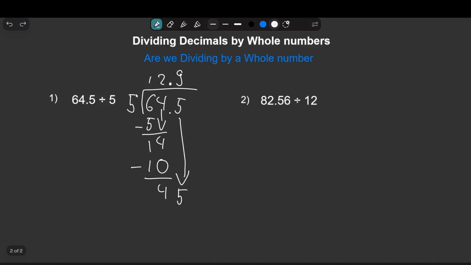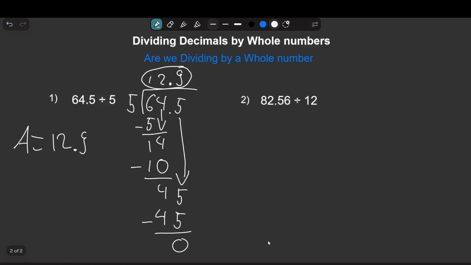So 9 times 5 equals exactly 45. Now we subtract. 45 minus 45 will equal 0, and we have our final answer. Because we went all the way to the tenths spot, we don't have any hundredths or thousandths, so this will be our final answer, 12.9. So let's write it down here. Answer equals 12.9.